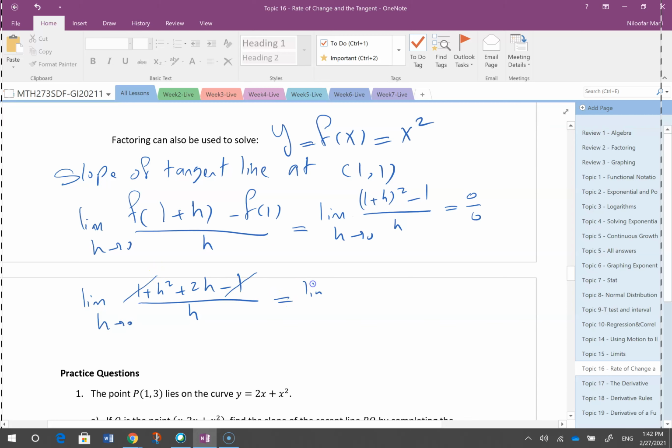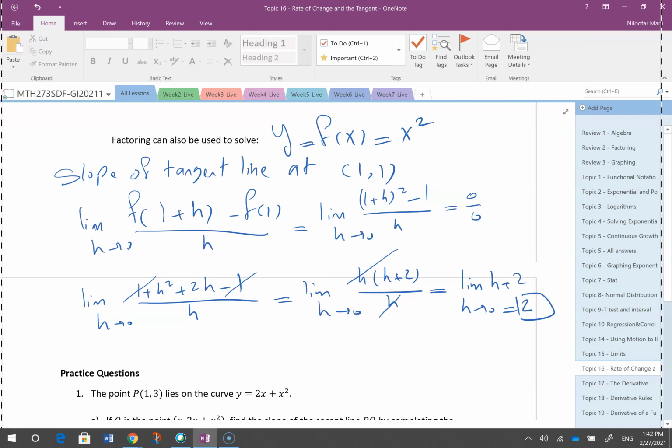Then I have the limit of h times (h plus 2) over h as h goes to 0. h and h cancel. You have the limit of h plus 2 as h goes to 0, and the answer is 2. So this is the answer, which I guessed before, but now I have the answer. Perfect. I don't need to go through all of those calculations.